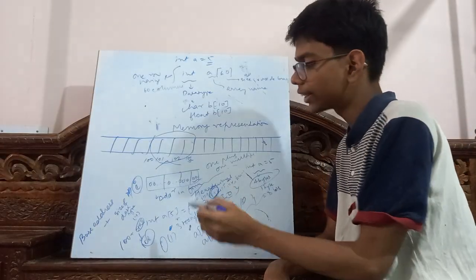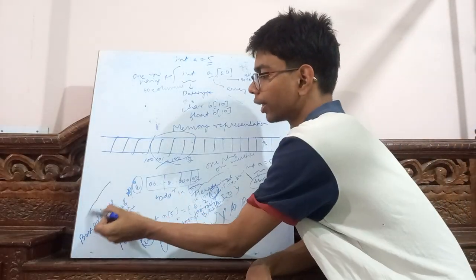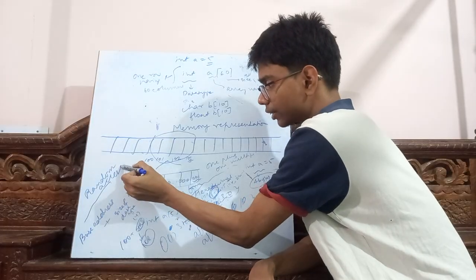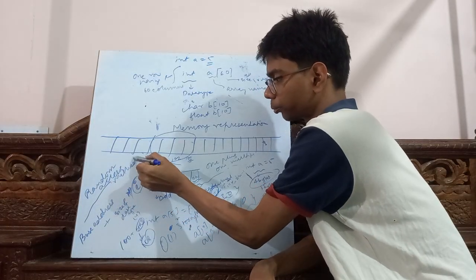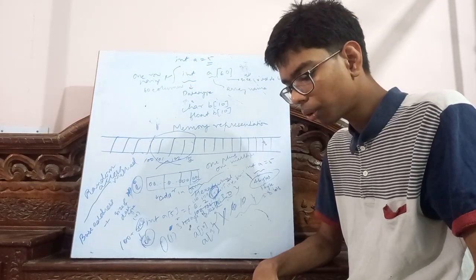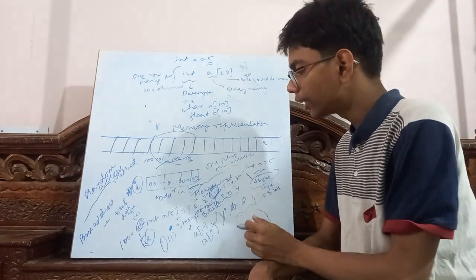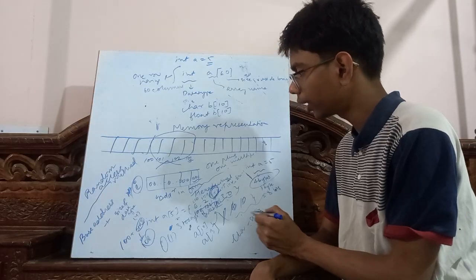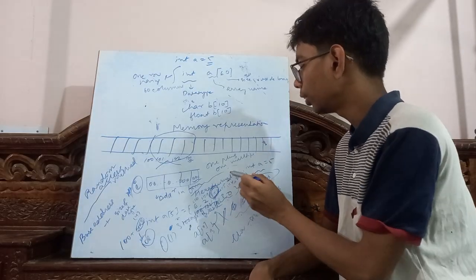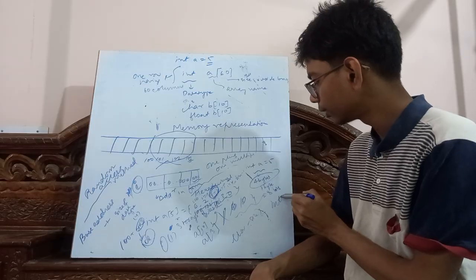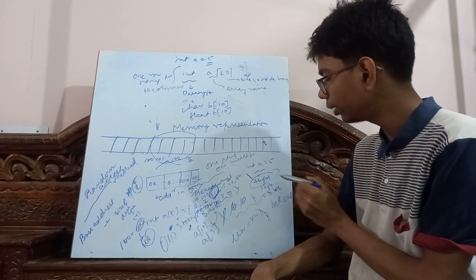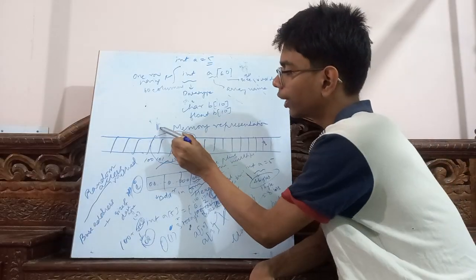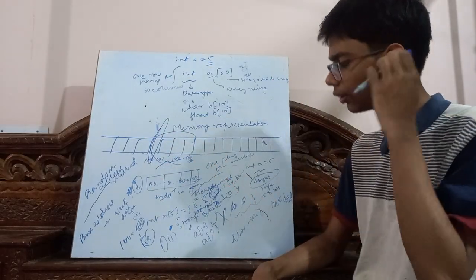This method of accessing an element is also called the random access method. For integer the size is 4, for character the size is 1. So if I take char c is equal to d, it will take only 1 byte.